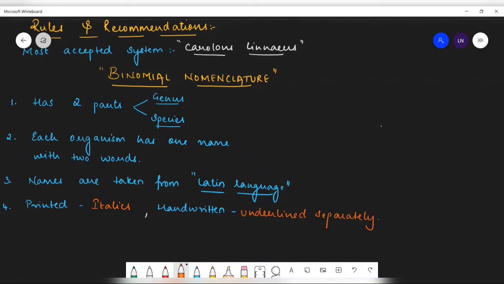So when they are printed, they should be in italics. But when they are handwritten, they have to be underlined separately. Okay. Now, the next point is genus should always start with a capital letter, whereas species always starts with a small letter. Did you understand this? Any doubts here?